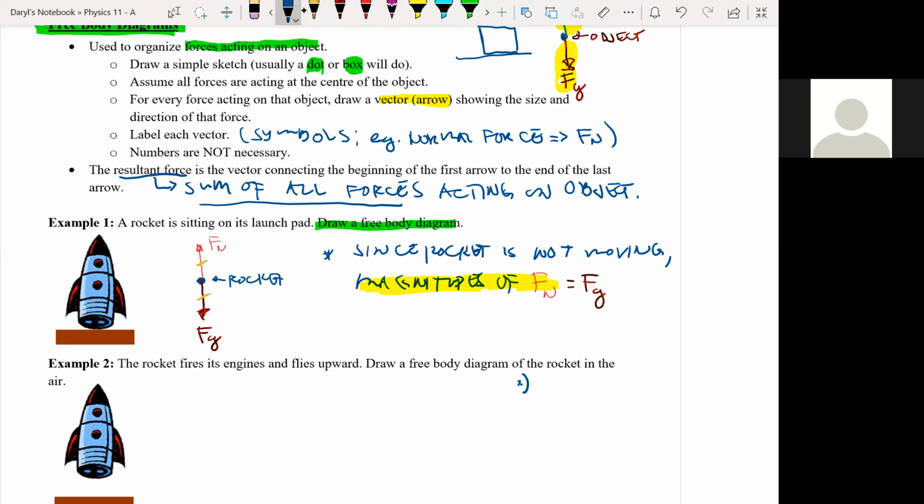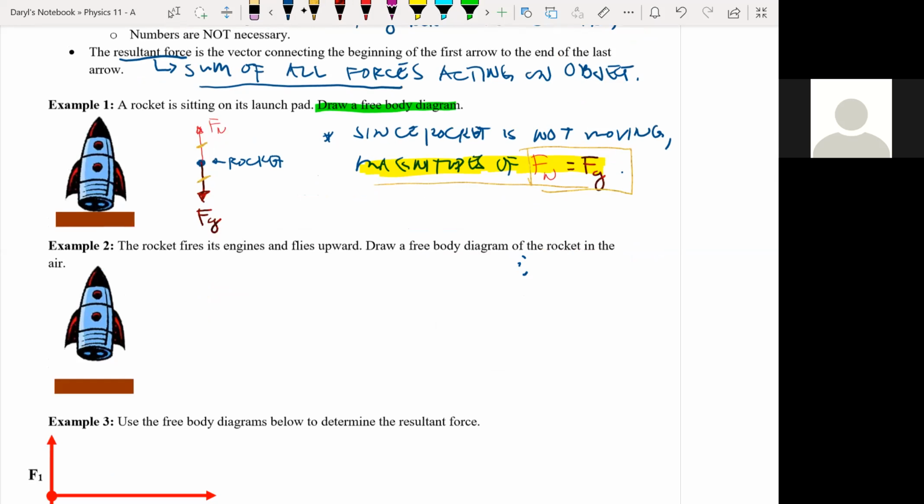Again, it doesn't move, so I would say that their magnitudes should be the same.